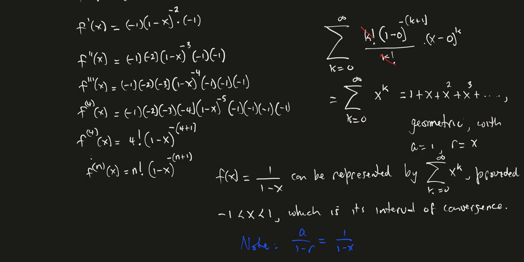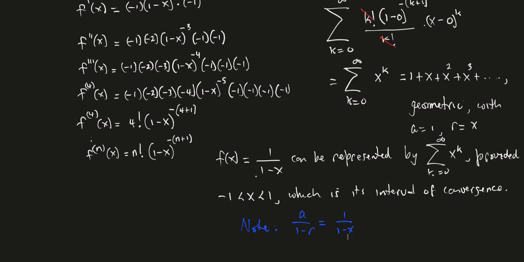We can't call this a polynomial anymore because our expansion doesn't have finitely many terms. It has infinitely many terms. But that approach can now be used to expand or to represent some of our basic functions using power series, right? So that's really interesting.